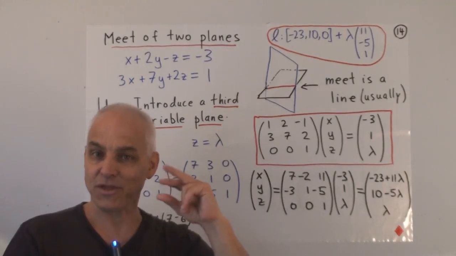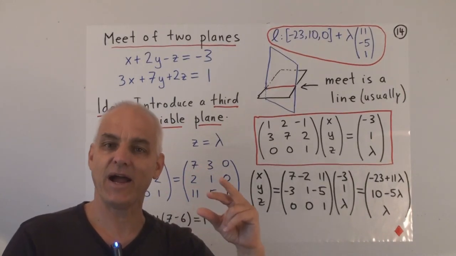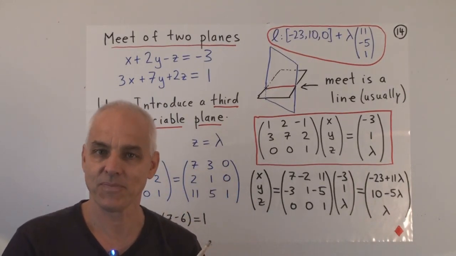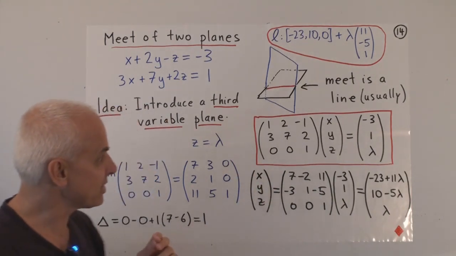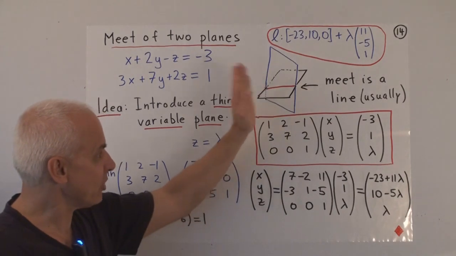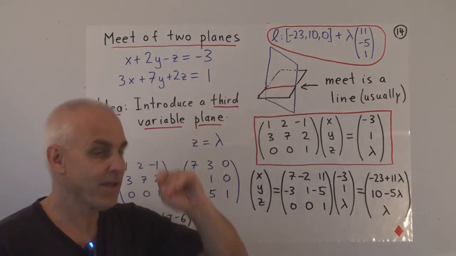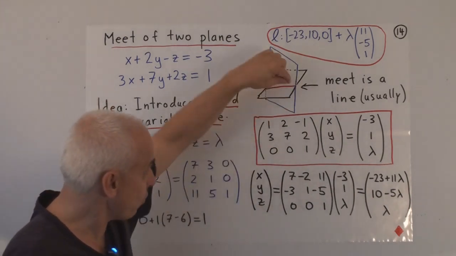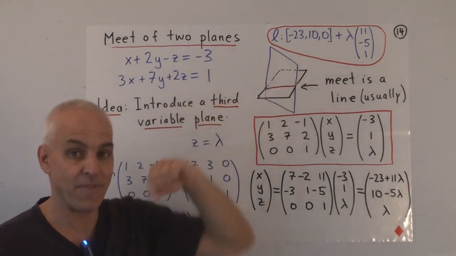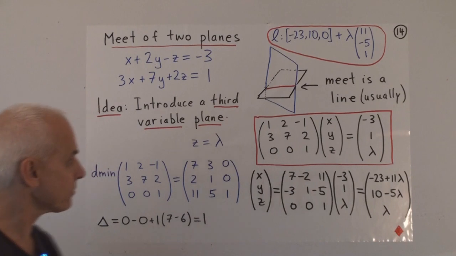And the advantage of using a third plane is that we know how to find the meet of 3 planes. That's what we've already done before. But we want to do this not just once, but twice so that we can determine the line of meeting. We don't want just 1 point on the line, we need 2 points on that line to determine it.